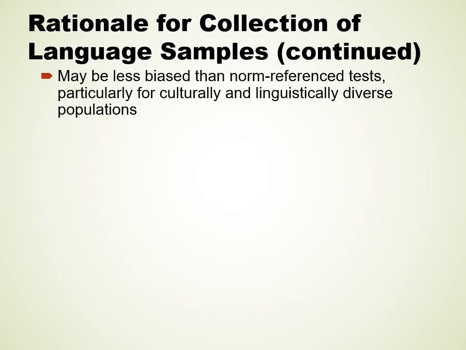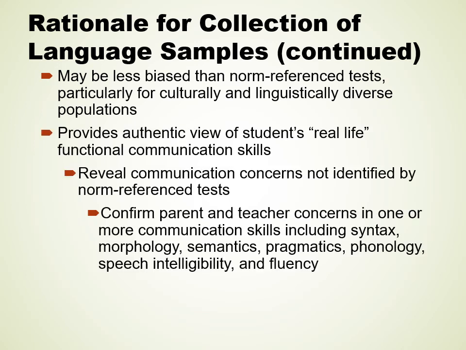Here are a few more important reasons for collecting language samples. Language samples may be less biased than norm reference tests, particularly for culturally and linguistically diverse populations. A good language sample, one that's representative, provides an authentic view of students' real-life functional communication skills. A language sample might reveal communication concerns that were not identified by a norm reference test.